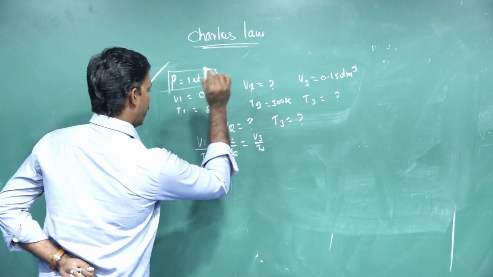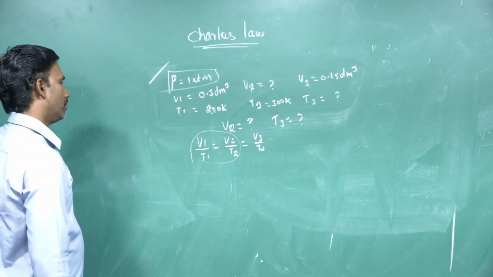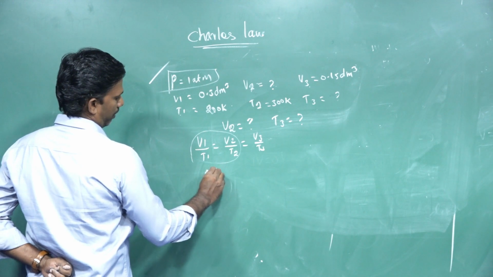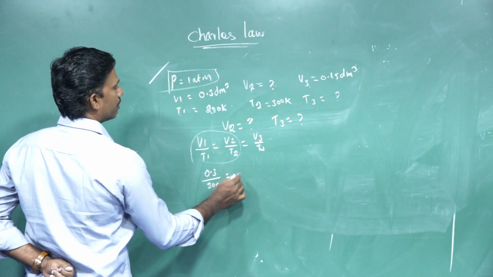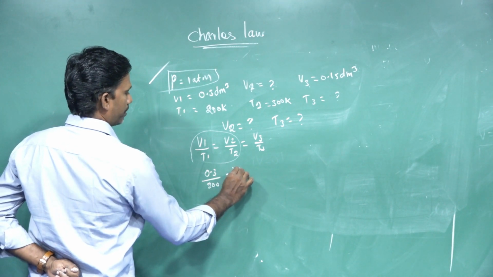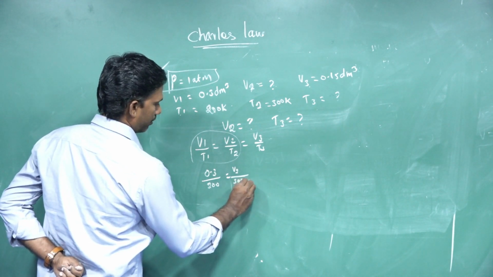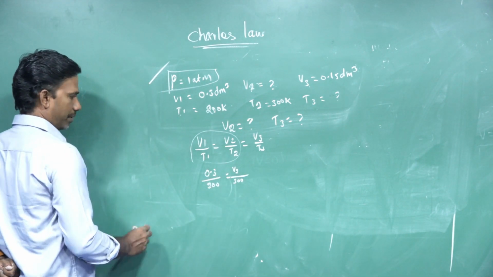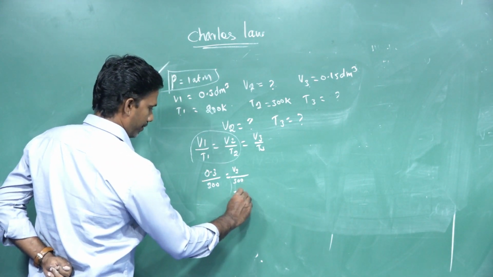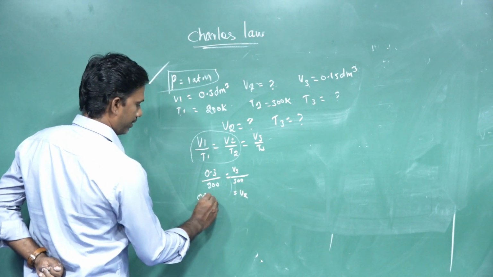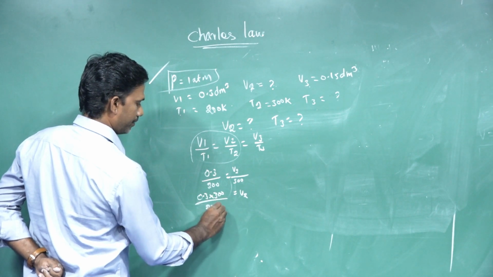First we find V2. Substituting the values, 0.3 by 200 equals V2 by 300. So V2 equals 0.3 into 300 by 200.